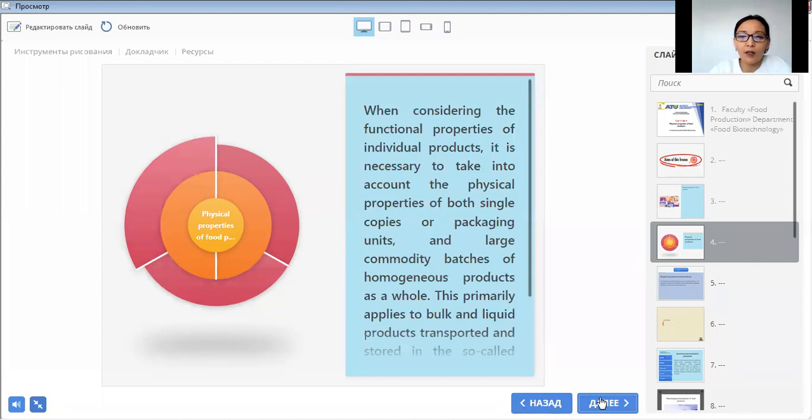When considering the functional properties of individual products, it is necessary to take into account the physical properties of both single copies or packaging units and a large commodity batch of the homogeneous products as a whole.